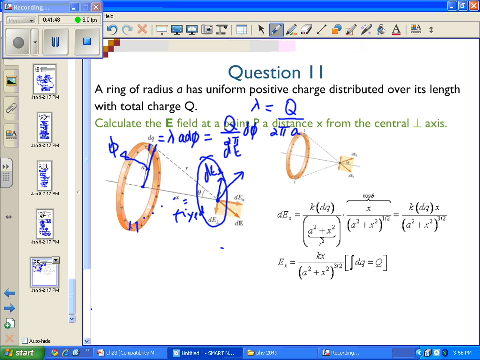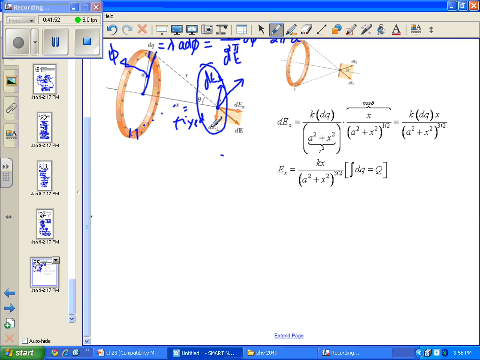And that's our dq. Well, to save ourselves all the work, we can go ahead and make note of the fact that dE, magnitude-wise, is equal to k dq divided by the distance of separation squared. Now, look at the distance here. We've got our point P is here.